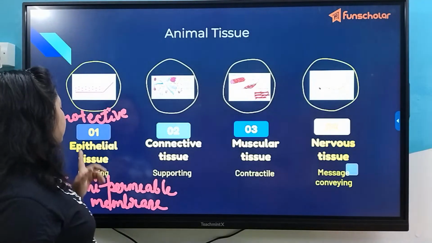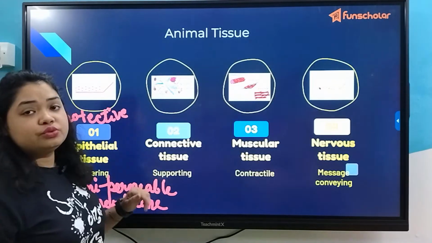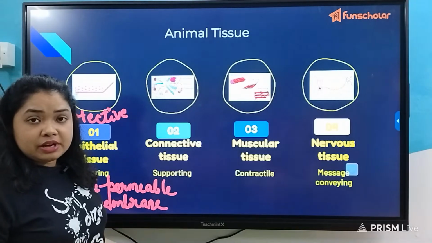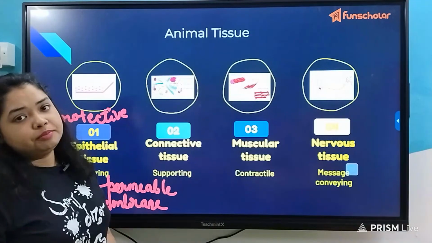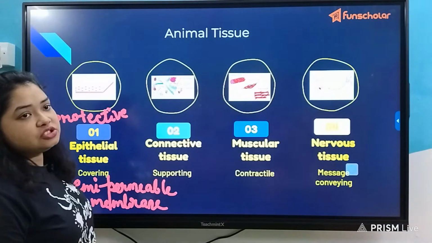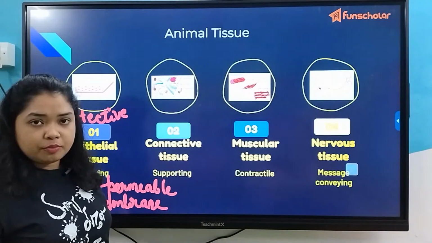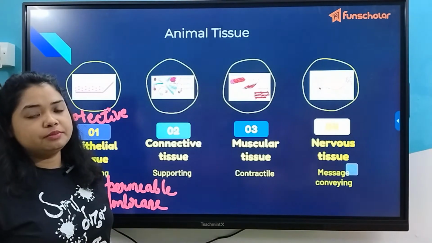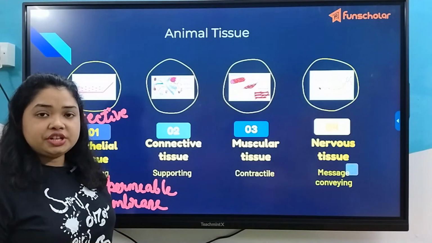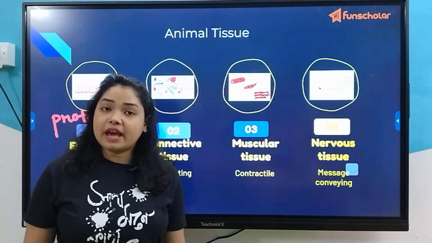You can compare the structure as well as the function of epithelial tissue in animals to that of the epidermal tissue present in the plant body. Both of them have comparable structure and function, because both of them protect the body, either the plant body or the animal body, and both of them form a continuous sheet without any intercellular space where the cells are tightly packed.